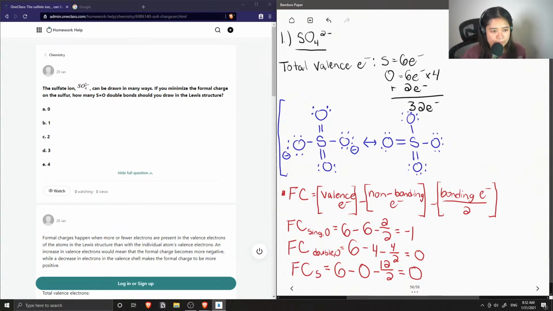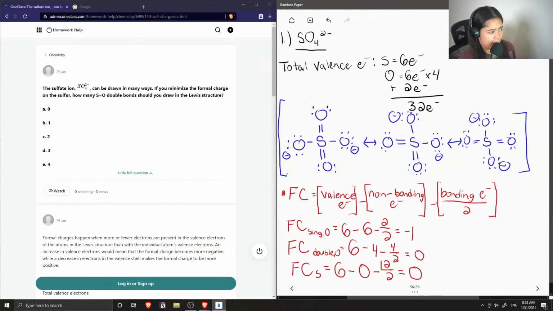Like that. And it's basically just experimenting with all the different ways double bonds can be formed for this ion. Okay, so here's an example of 3 different resonance structures.